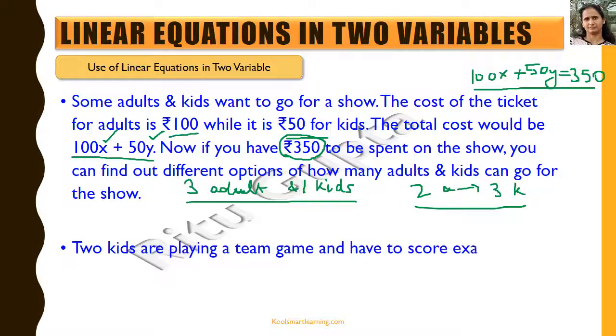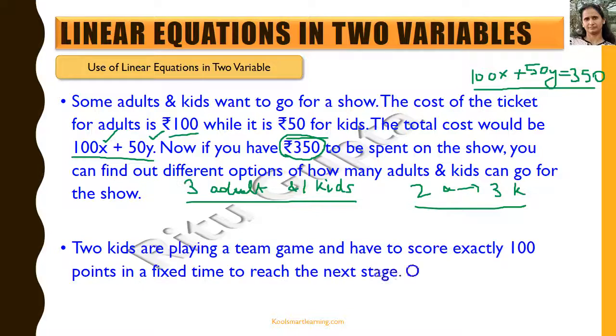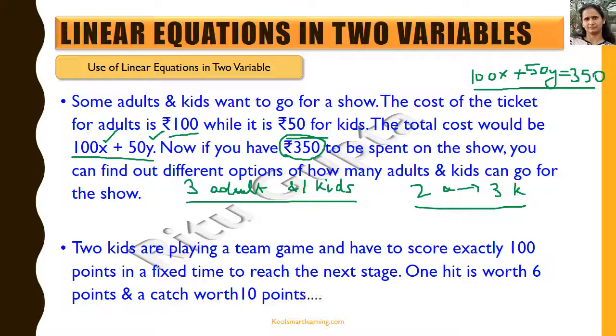We'll take another example. We have two kids who are playing a team game and they have to score exactly 100 points in a fixed time to reach the next stage. One hit is worth 6 points and a catch is worth 10 points in the game. Now you can make the equation that you have to score 100 points, which means 6x plus 10y equal to 100.